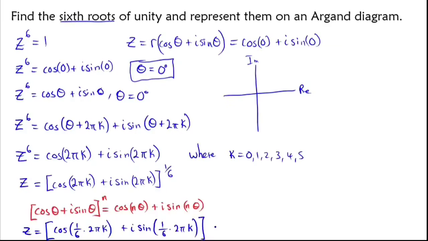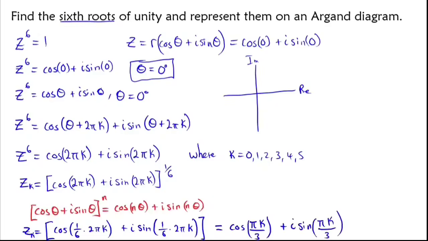So I can now say z subscript k, because it is in terms of k. z subscript k is equal to, the 2 can cancel, leaving us with cos pi k divided by 3, if I reduce it, plus i sine, same thing, pi k divided by 3.